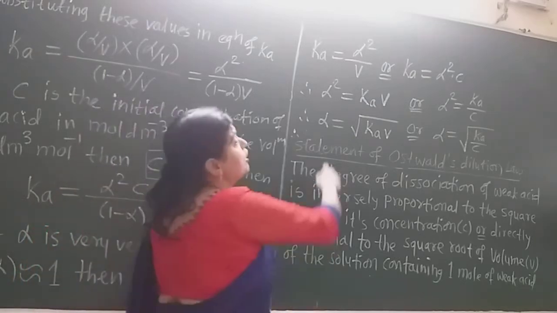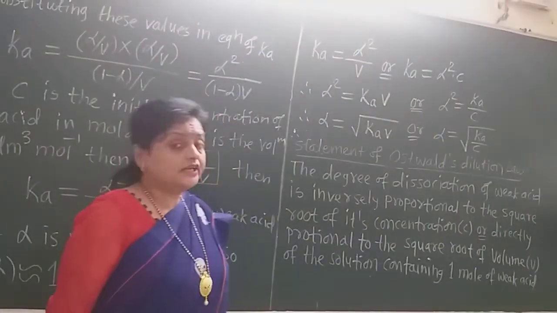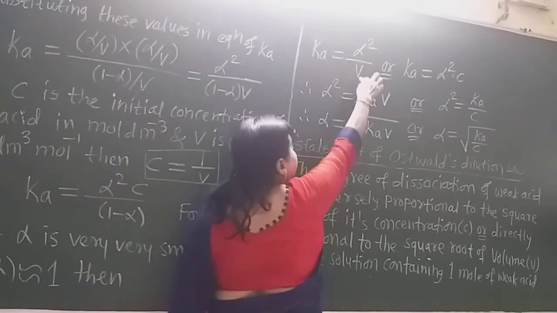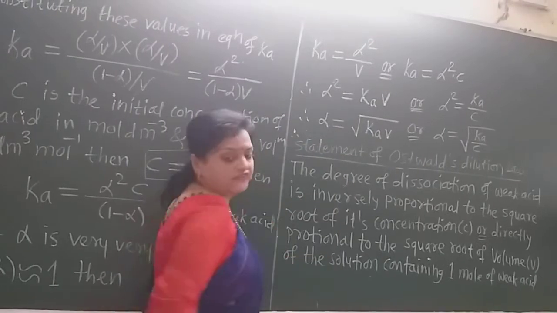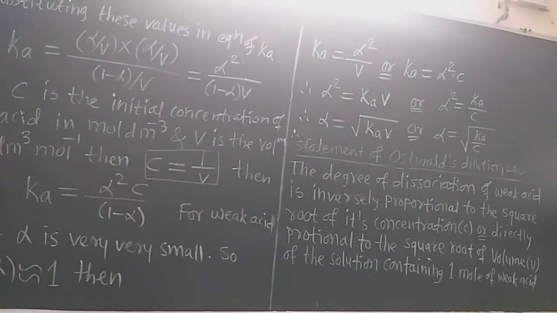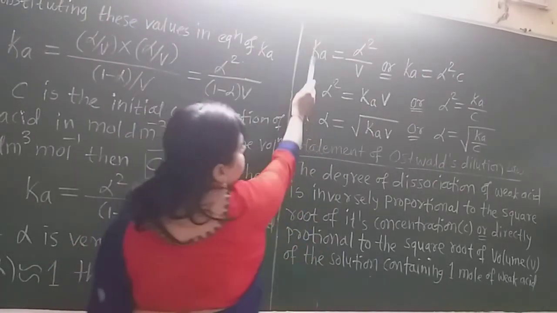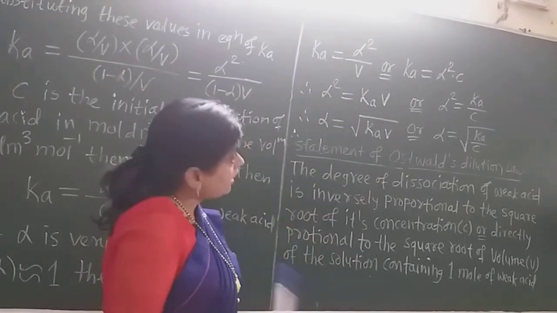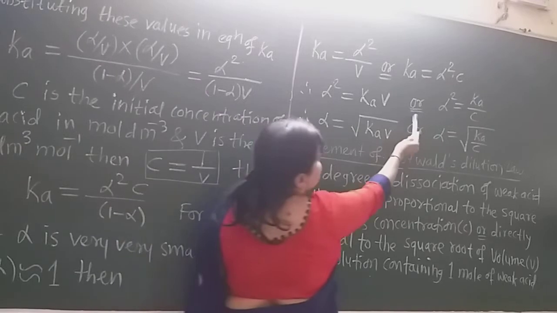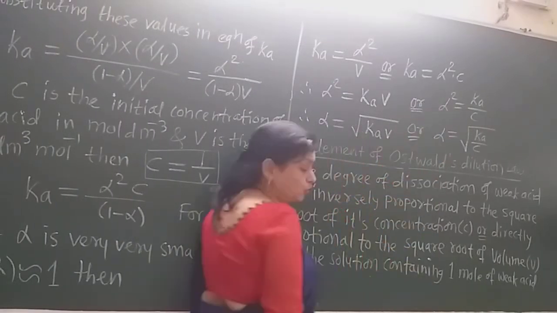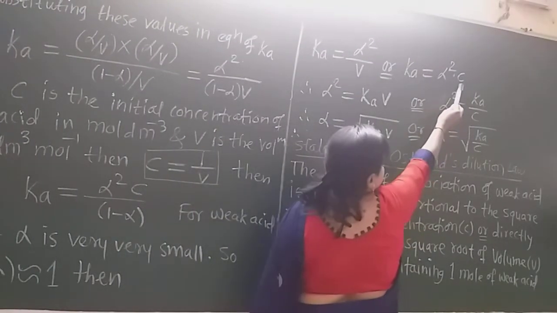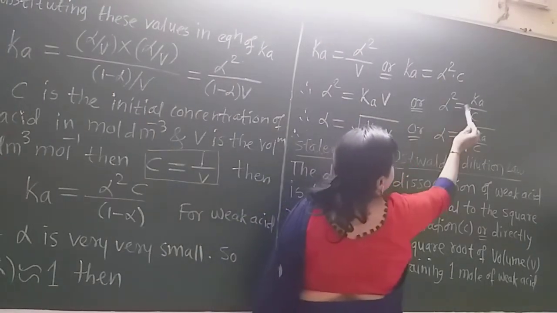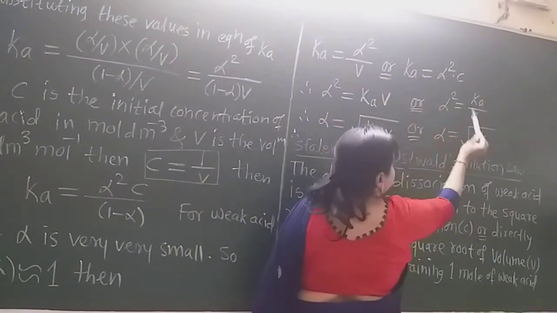Now if we want to calculate alpha, how can we calculate it? Alpha square is equal to K into V. Alpha square is equal to Ka into V here. Or we can also calculate it as alpha square is equal to Ka divided by C, since C which is multiplied goes to the other side and divides.